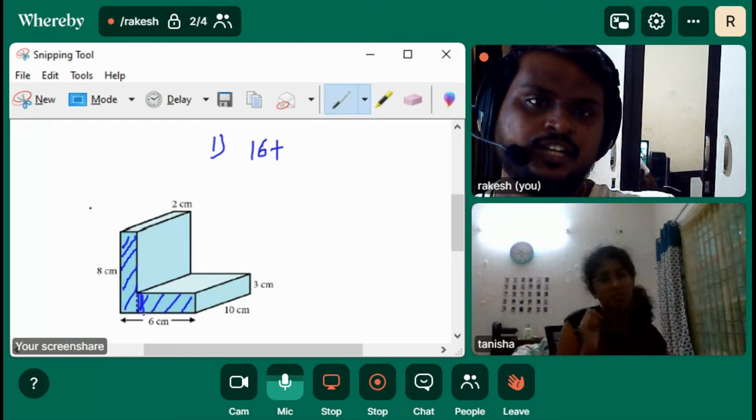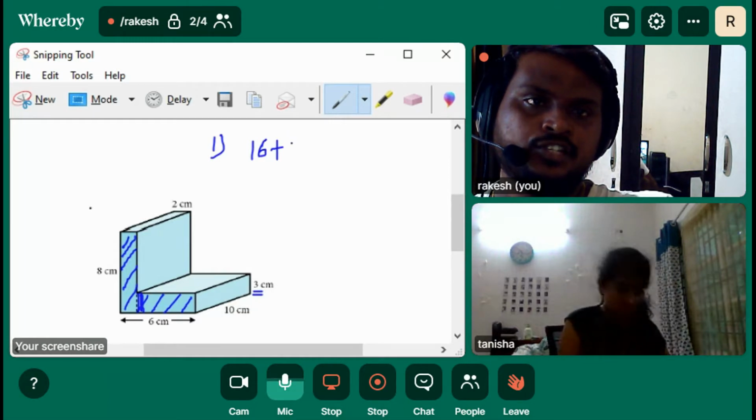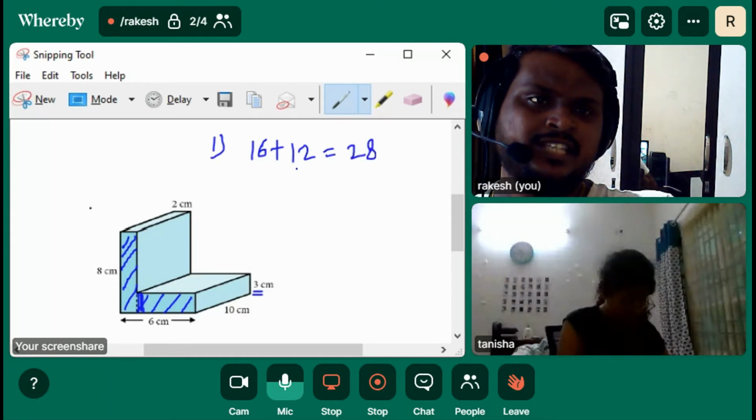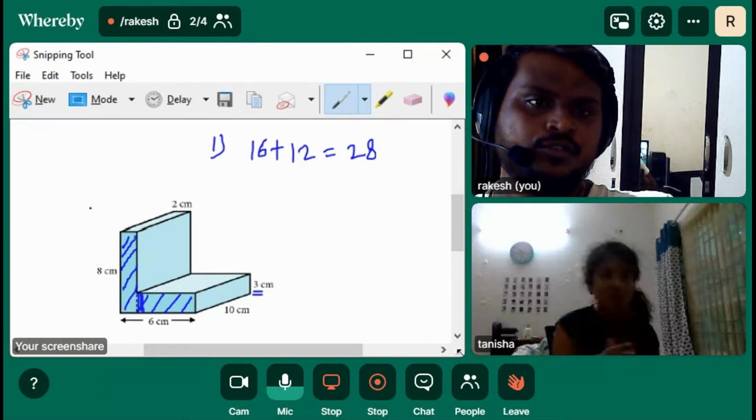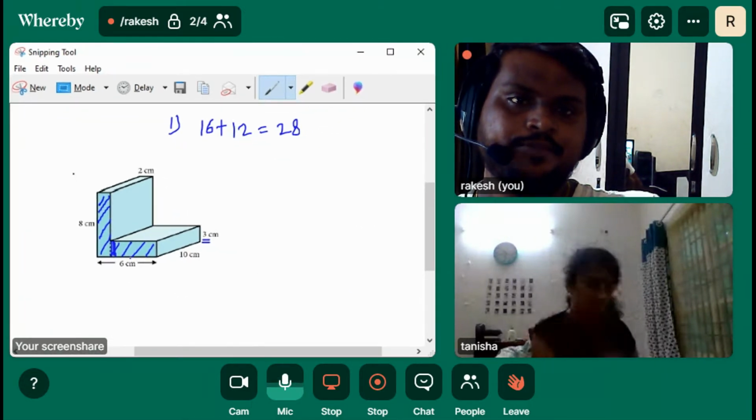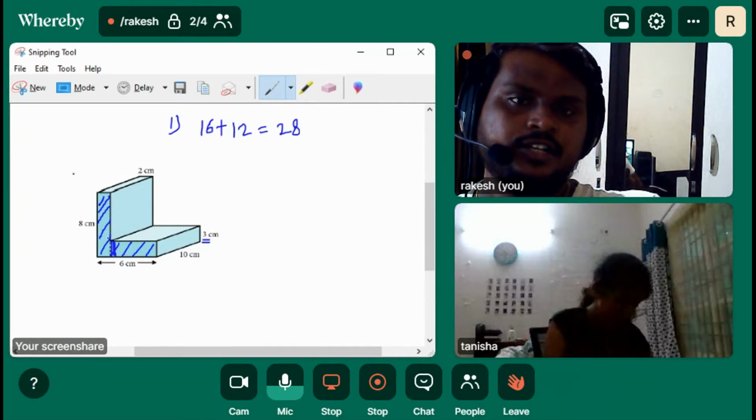It's 6 minus 2, which is 4, and the height is 3 centimeter. So 4 threes are 12. So 16 plus 12 is basically 28. The same area is there behind this object also, on the other side. So this is done, right?